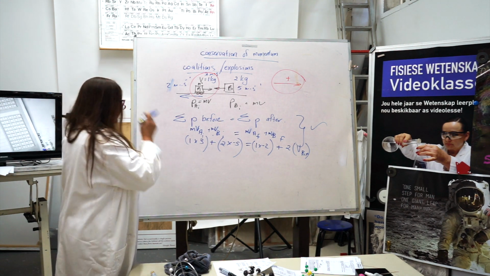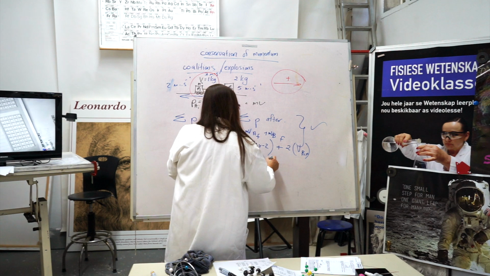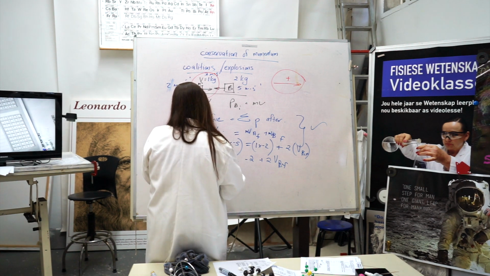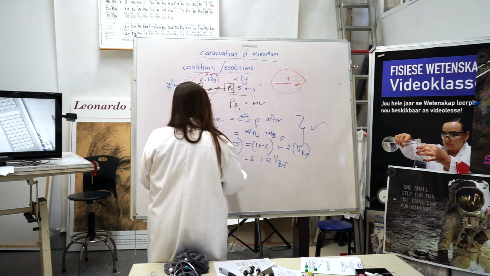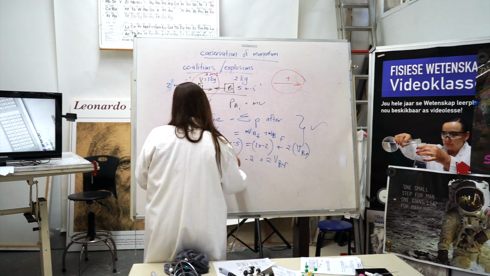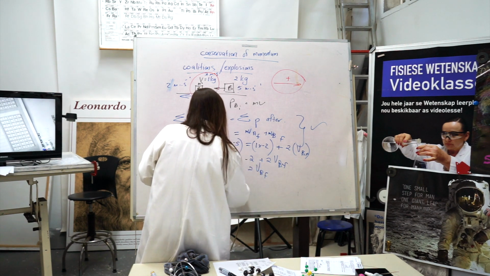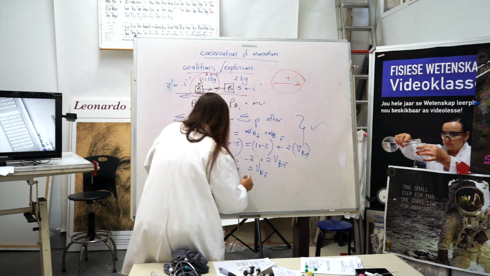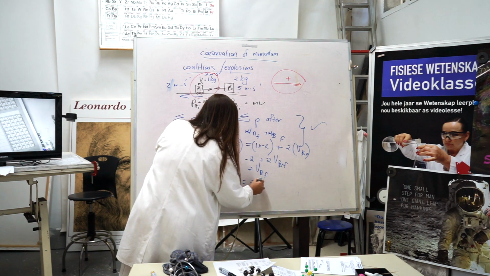So we've got here 3 minus 10 equals minus 2 plus 2 V final, and that gives me... 3 minus 10 is minus 7, that goes across, minus 7 plus 2, that gives me minus 5, equals 2 V final, so V final is then minus 5 divided by 2, and the final velocity of car B equals 2,5 meters per second.